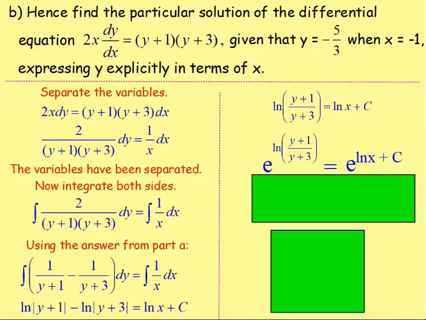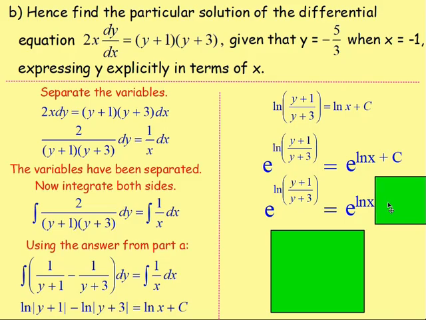Once again, because we've got e to the power of something plus something, we can split that up. So that will become e to the power of ln x times e to the power of c. From there, e and ln, one is the inverse of the other, so they will cancel out.